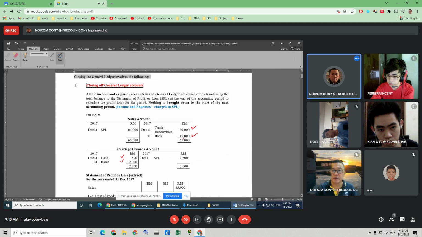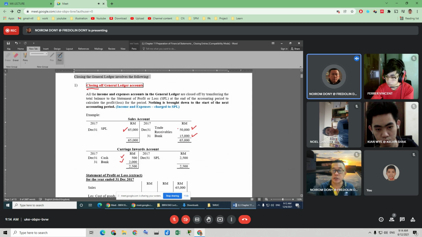At the end of the year, we do closing. This is what we call closing off. So how do we close? We have this total line, single line on the top, double line underneath, and it must be in the same row. We select 65,000 because this is the highest total on the credit side, credit item, only increase. Then we transfer that 65,000 into SPL.